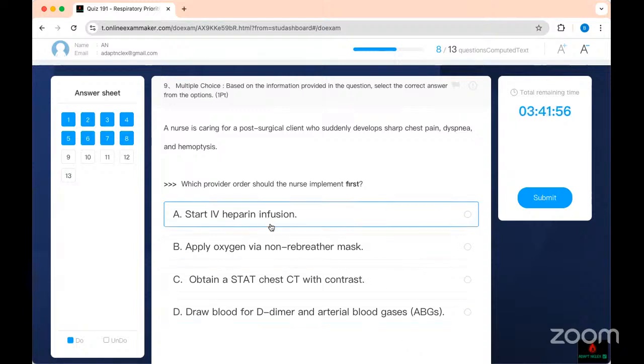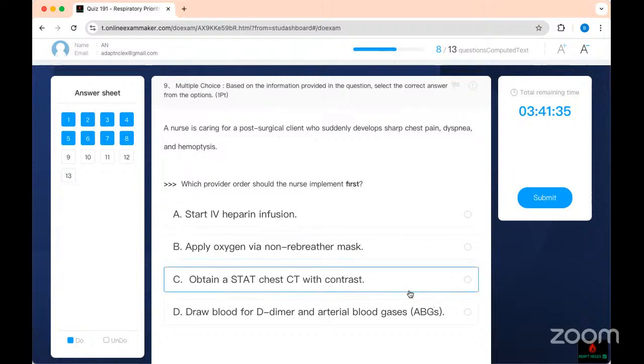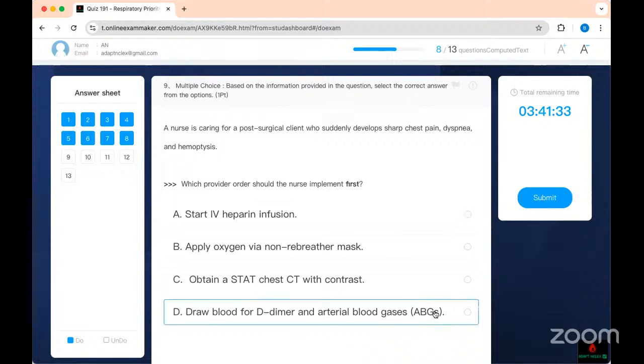Start heparin infusion, or give them oxygen, or get a CT of the chest, or D-dimer. Anybody who had surgery and is having acute onset of chest pain, dyspnea, and hemoptysis, that's pulmonary embolism. Therefore, for pulmonary embolism, which of these is most important? Hypoxia.